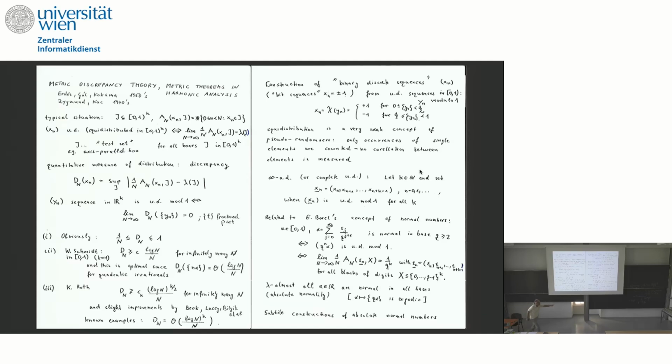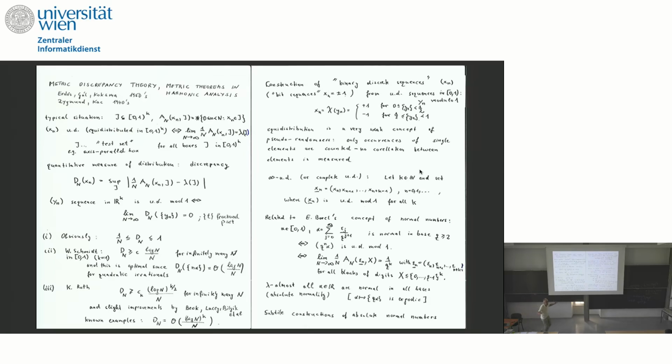So a number is now in the unit interval, so a real number, not an integer. If all the digits show up with the correct frequency, 1/q, because we have q digits. But not only single digits, also blocks of 2 digits, blocks of 3 digits, and so on.